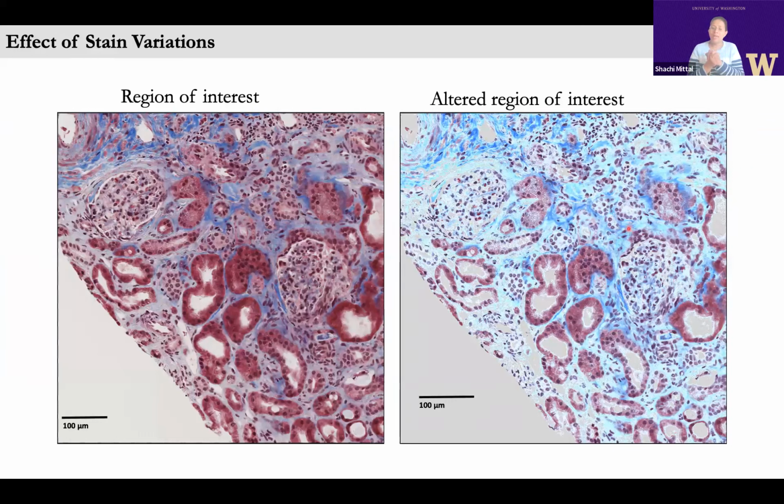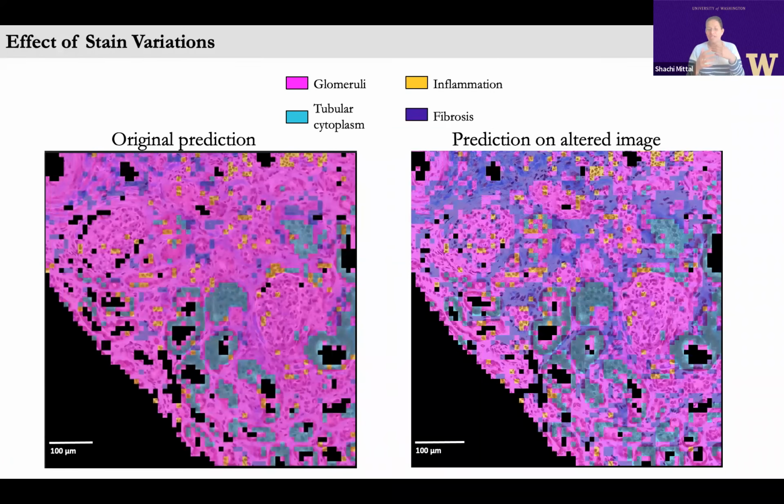And then we made our model make predictions on both these images. And you can see that the predictions are significantly different, especially for the fibrosis class. And by the way, the prediction on the second image is more accurate than the prediction on the left image. So the accuracy of the model was changing with respect to the variation in the images that we saw.